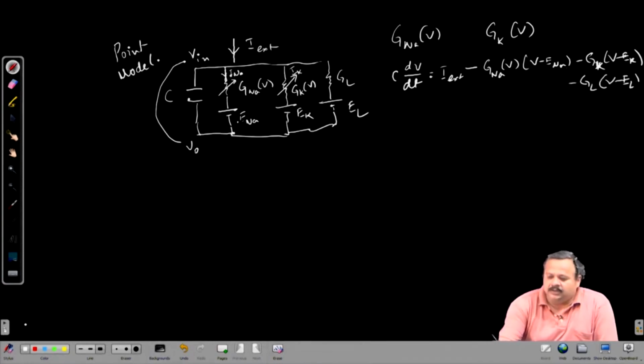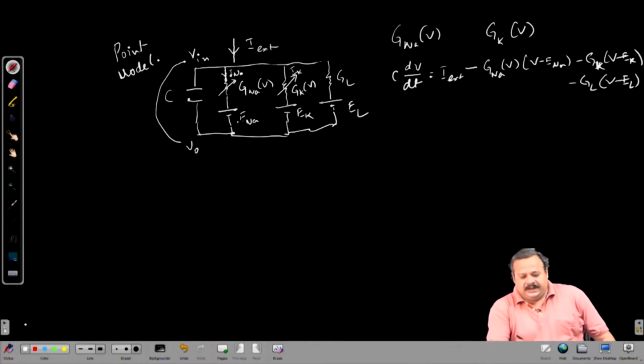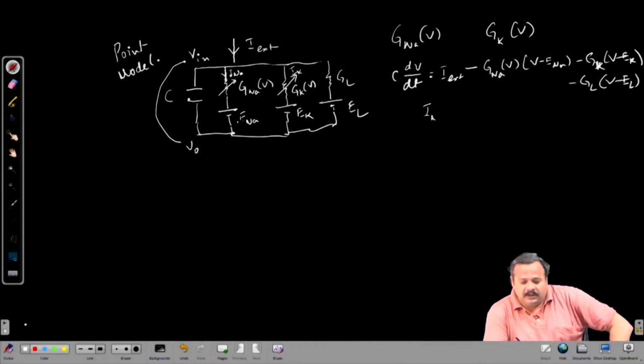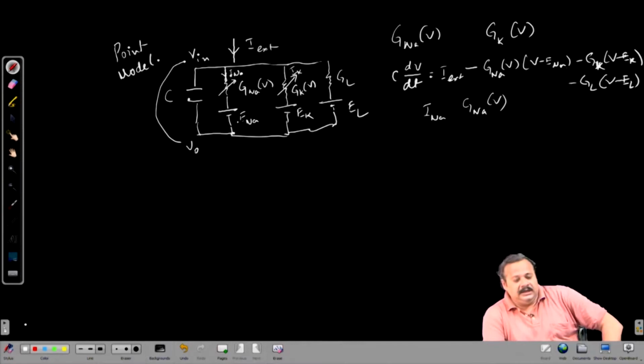minus E leak). So, as we said, for a clamp, we described how we can, for different voltages, by blocking one channel of the sodium and potassium channels, find out what the sodium current is, and that sodium current can be converted to obtain the G Na as a function of V and t for a particular clamp.